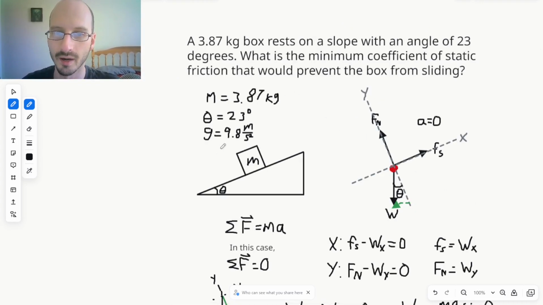We practiced a problem finding the minimum coefficient of static friction that would be required to prevent a box from sliding down the slope.